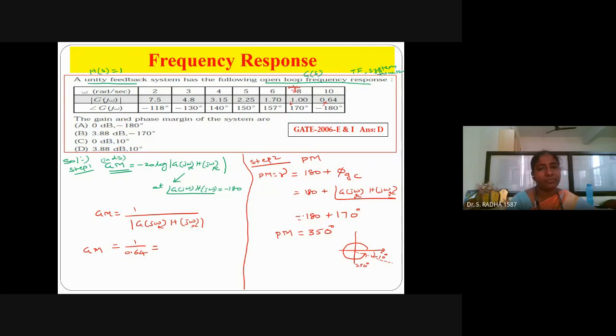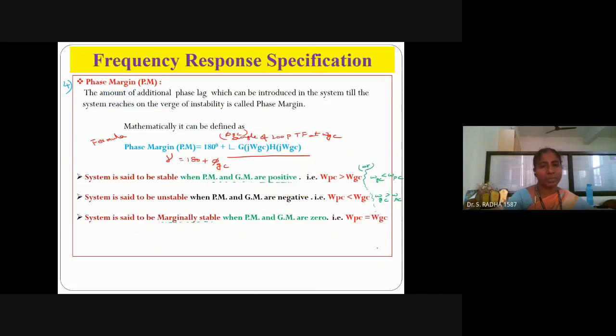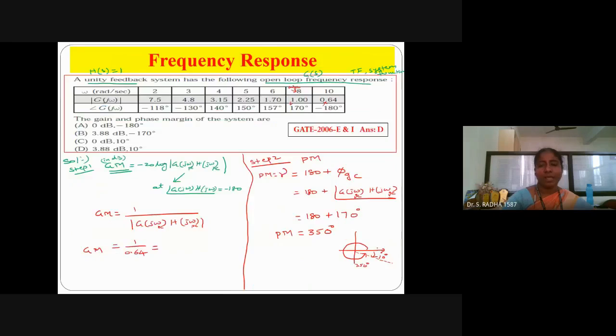I'm getting 350 degrees for phase margin. In another direction, it is 10 degrees. And if clockwise or anti-clockwise is mentioned, nothing is mentioned here. I have voluntarily taken this 350 as anti-clockwise measurement because it is coming positive. In the other direction, it is 10 degrees.